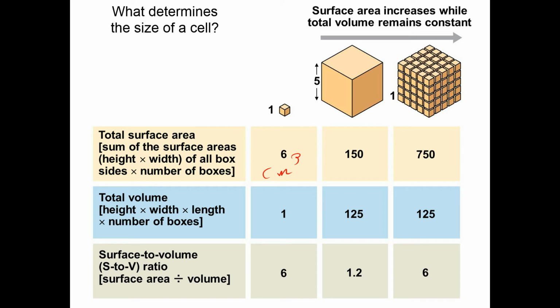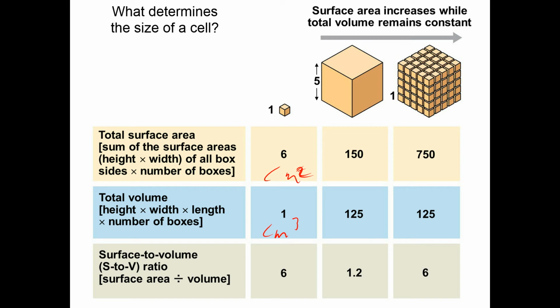Sorry, I'm getting ahead of myself. The surface area is going to be 6 centimeters squared, and then the volume is going to be 1 centimeter cubed for this instance. Notice that the surface area is centimeters squared and the volume is centimeters cubed.